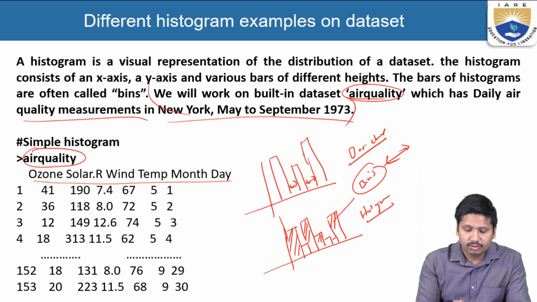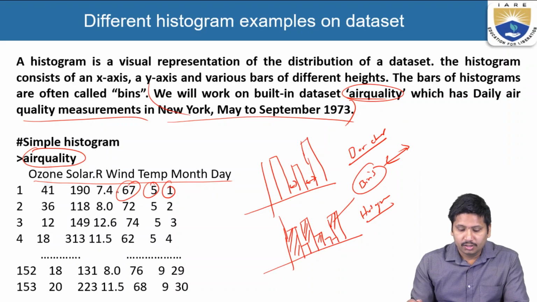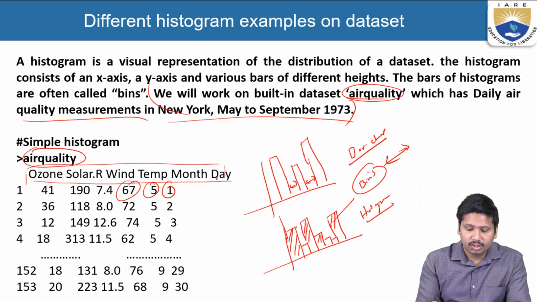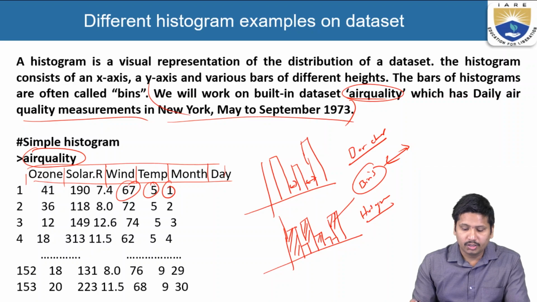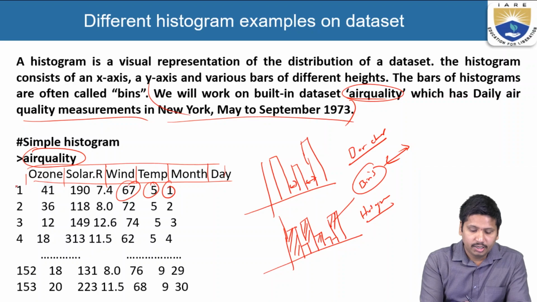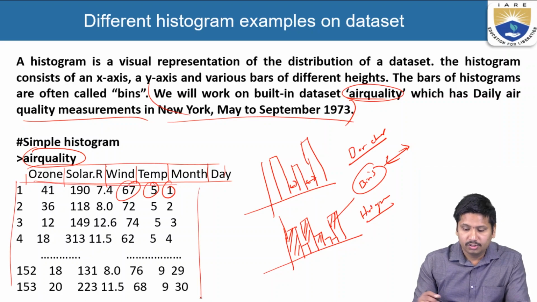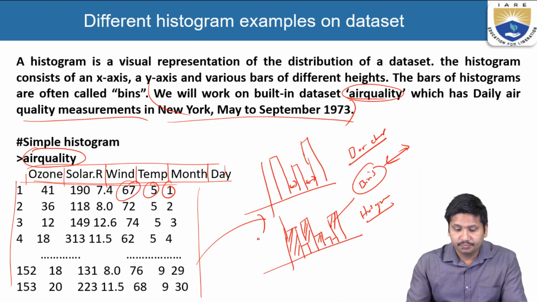So this is the data set, and these are the columns I'm going to have in this data set: the ozone value, then the solar value, wind value, temperature, month and day. So this is the data set I took. Then from this, we'll see now how we construct the histogram, right?